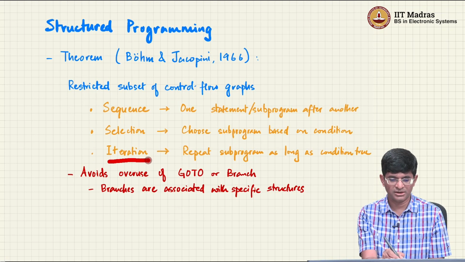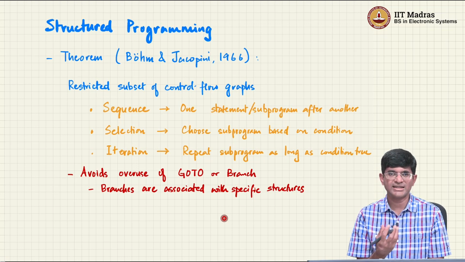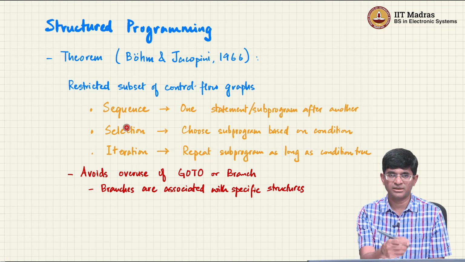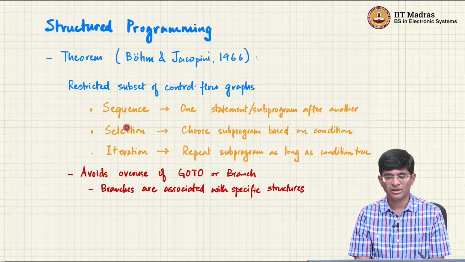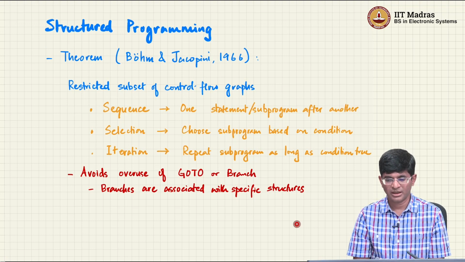And the third is something called iteration, which effectively says I need to take a particular set of statements, a sub-program, and repeat it as long as some condition is satisfied. So this notion of iteration, selection and sequence were shown to be sufficient for any kind of computation.